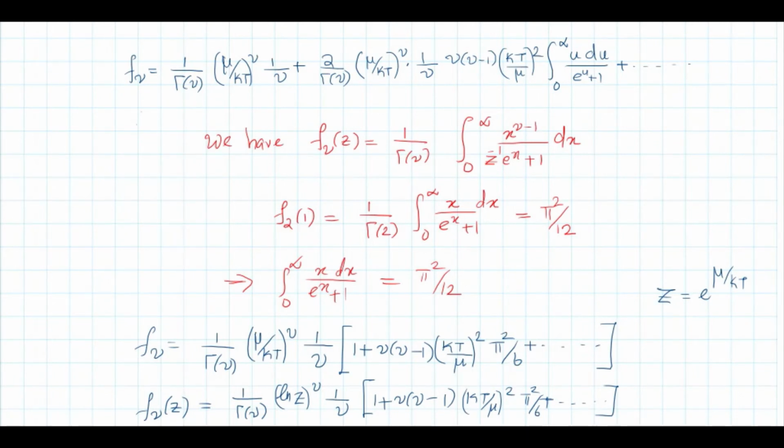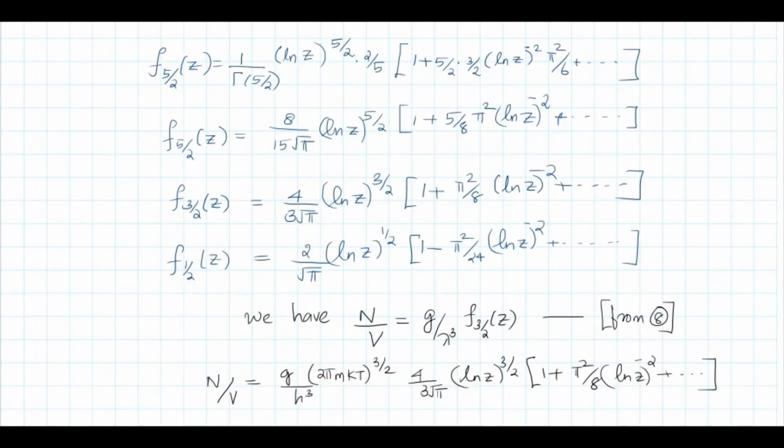Now, what is μ/kT? We have fugacity z equal to e raised to μ/kT. So μ/kT is simply log z. So I can substitute μ/kT as log z, and kT/μ as 1 by log z, or (kT/μ) whole square is simply (log z) raised to minus 2.